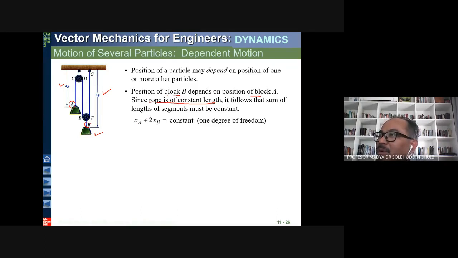Therefore the way we write is as the following. We have XA plus 2XB equal to the total length of the rope, which is constant. This is the basic concept of it.